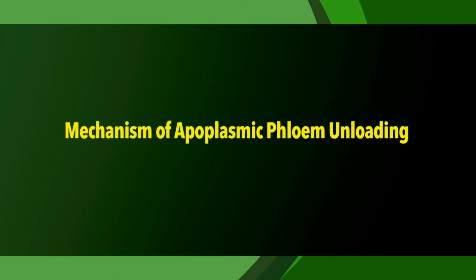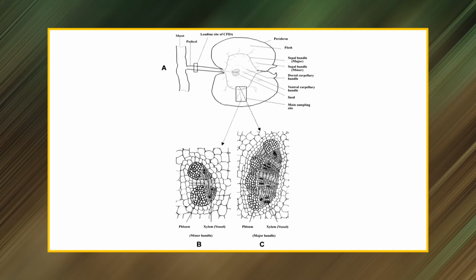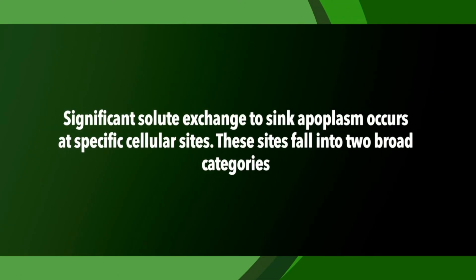Now, let's understand the mechanism of epiplasmic phloem unloading. Phloem imported solutes exchange to the sink epiplasm from the sieve element companion cell complexes of the axial path and all cells located along the post-sieve element pathway. However, significant solute exchange to the sink epiplasm occurs at specific cellular sites.